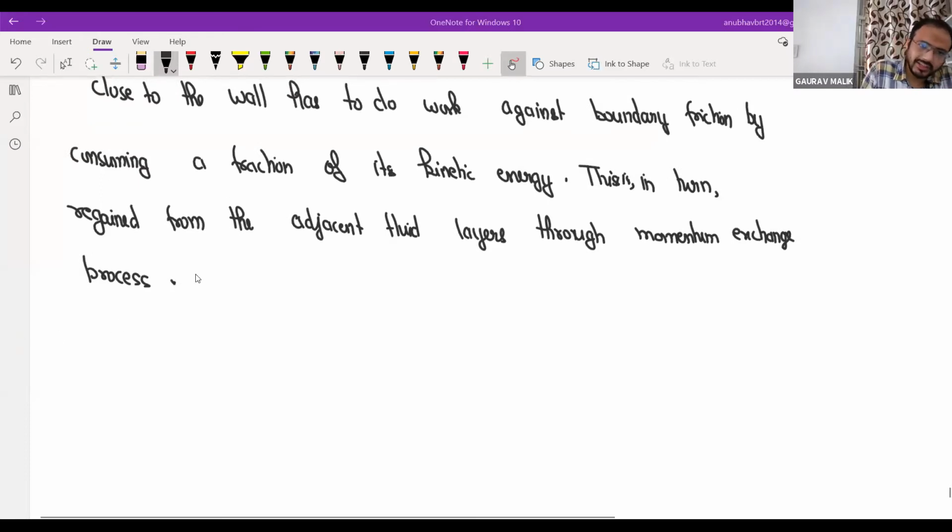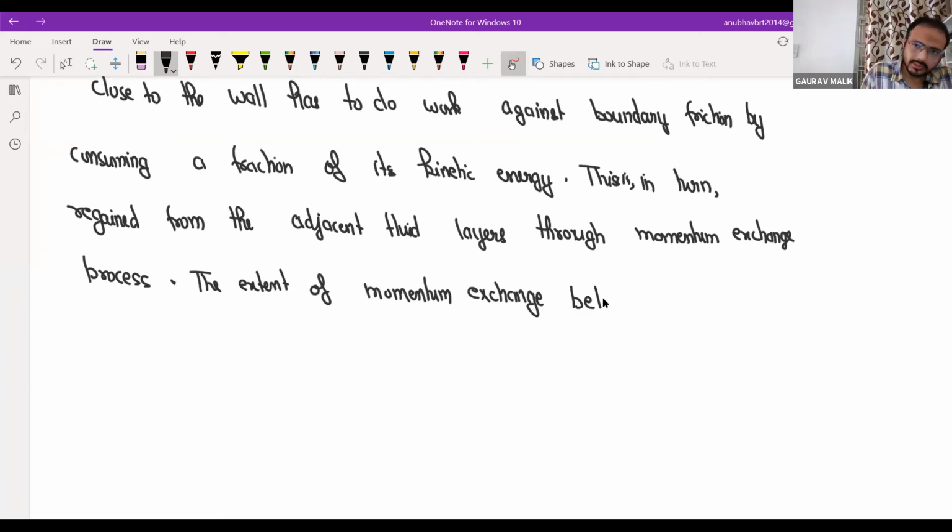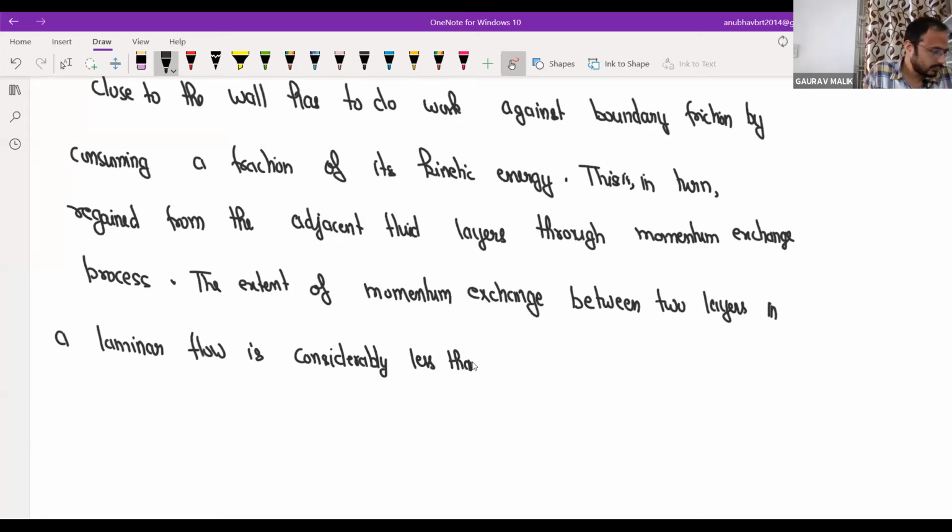So now we are getting our things. We can say the extent of momentum exchange between two layers in a laminar flow is considerably less than that in a turbulent flow.